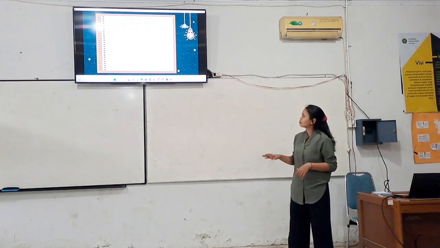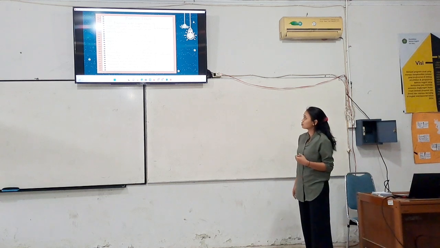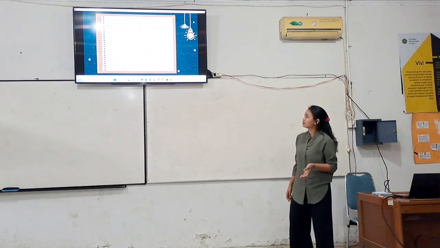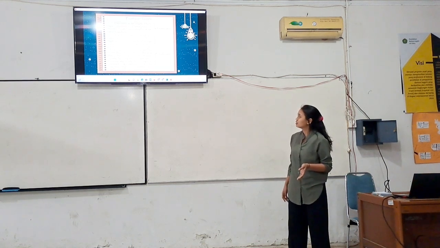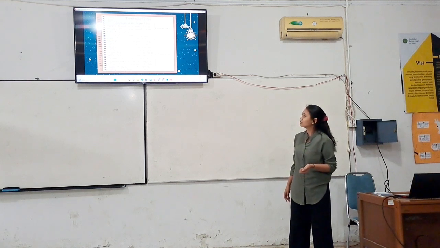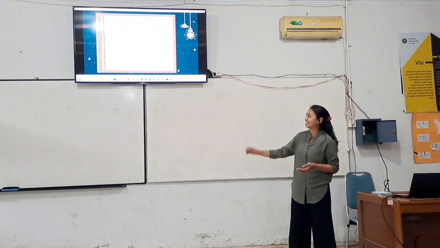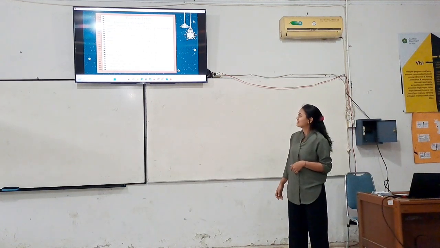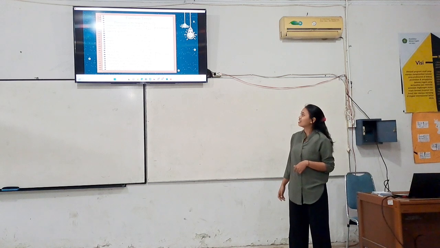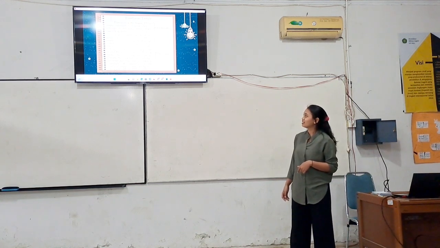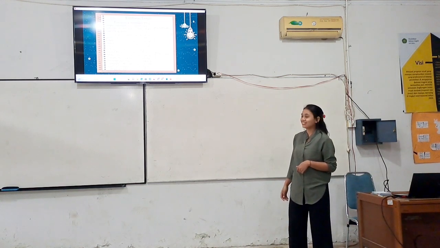Not long after its construction, the temple was abandoned and began to deteriorate. Reconstruction of the compound began in 1990.